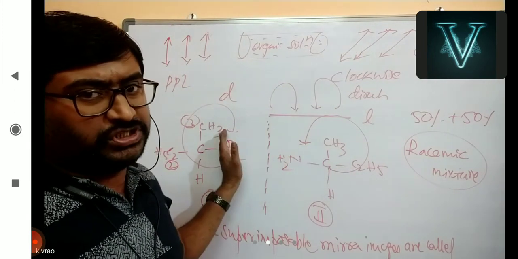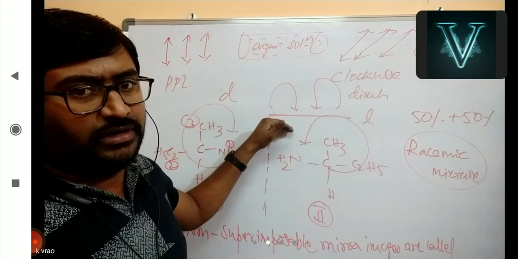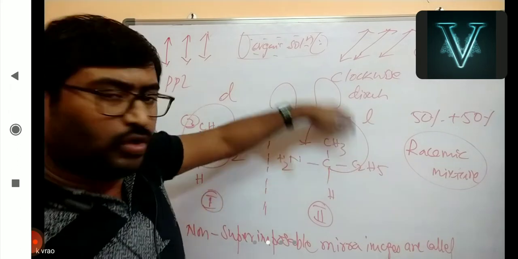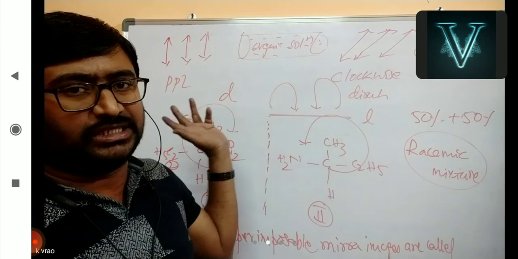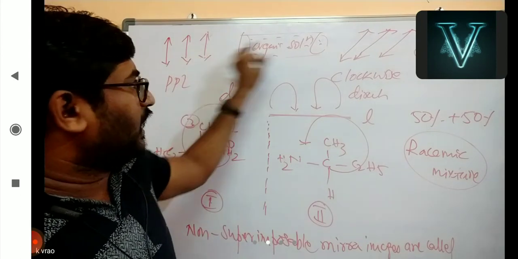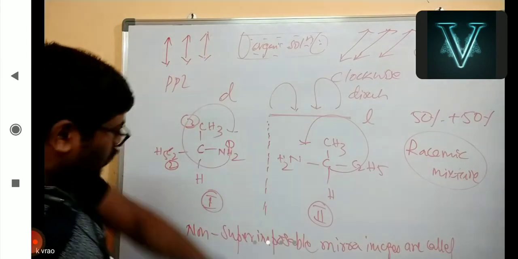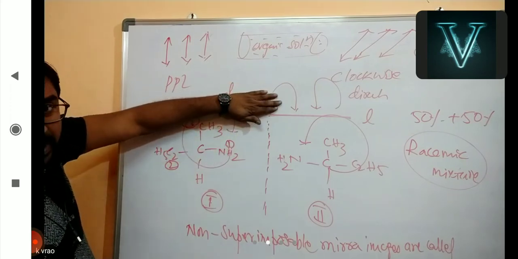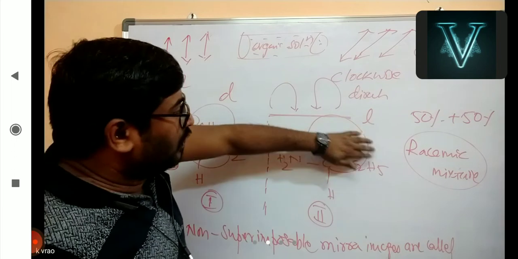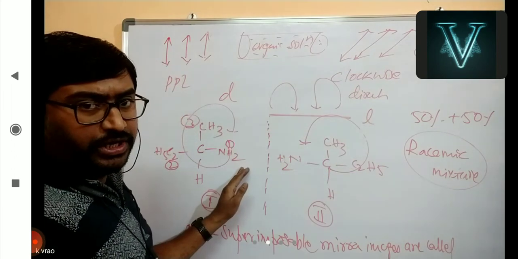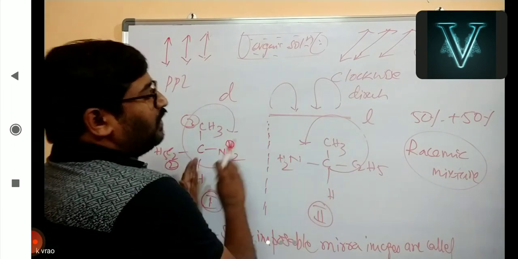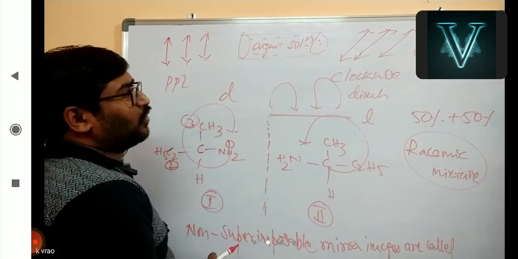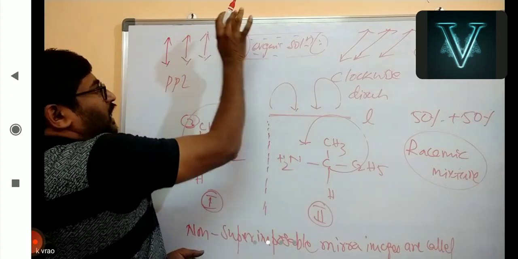One rotates to the right, one rotates to the left, so both cancel and there is finally no change in the direction of the light. If you take only this compound, it rotates to the right; only this compound, it rotates to the left. But with a 50-50% mixture, the resultant rotation is 0. Is it clear?